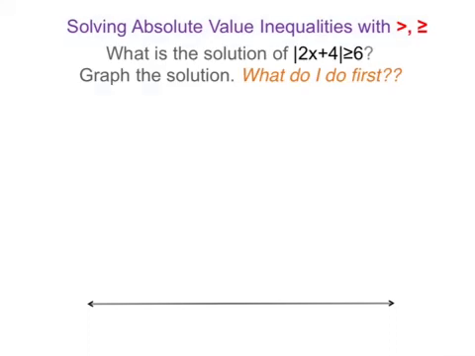We want to find the solutions of the absolute value of 2x plus 4 greater than or equal to 6. So in order to do this, since it's completely isolated, we go ahead and we rewrite everything that we see inside the absolute value bars, copy down the inequality symbol exactly how we see it, and then copy down everything on the right-hand side.